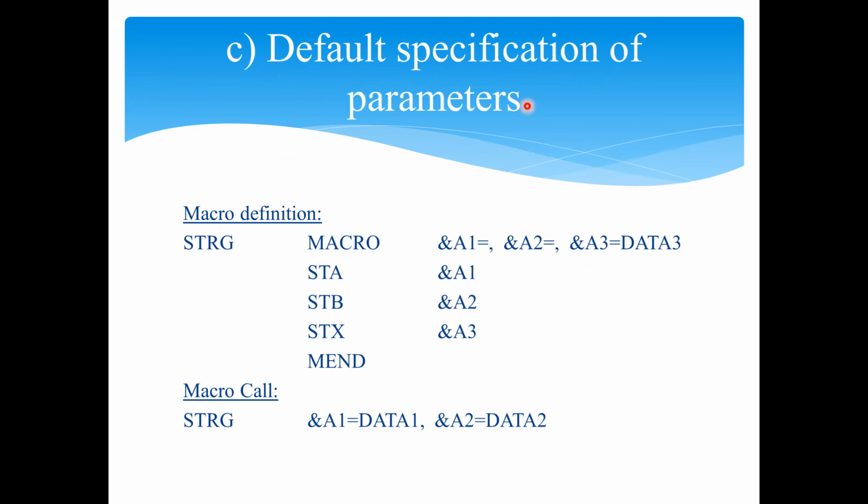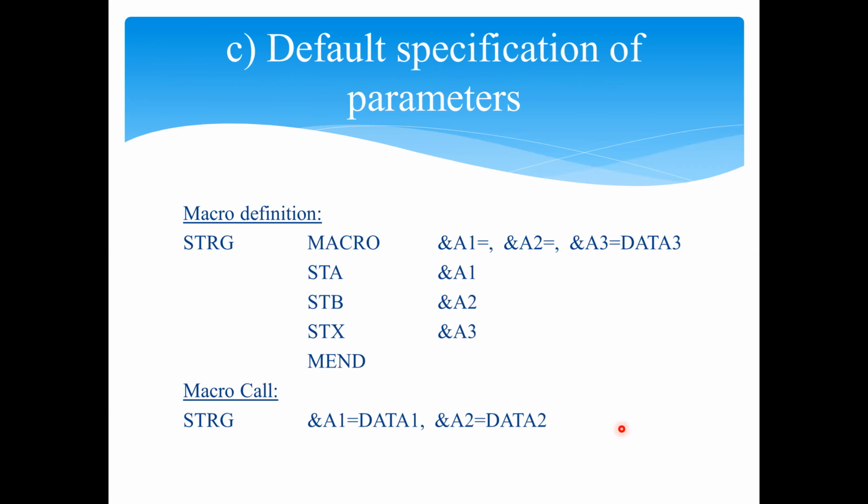And finally, there is default specification of parameters. That is, by default, you can specify a value when you define a macro. So in the prototype, you can provide a default value. Look at this example. Here it's a combination of your keyword parameters with the default value. So for A1, you are passing the value data1, and for A2, you are passing the value data2.